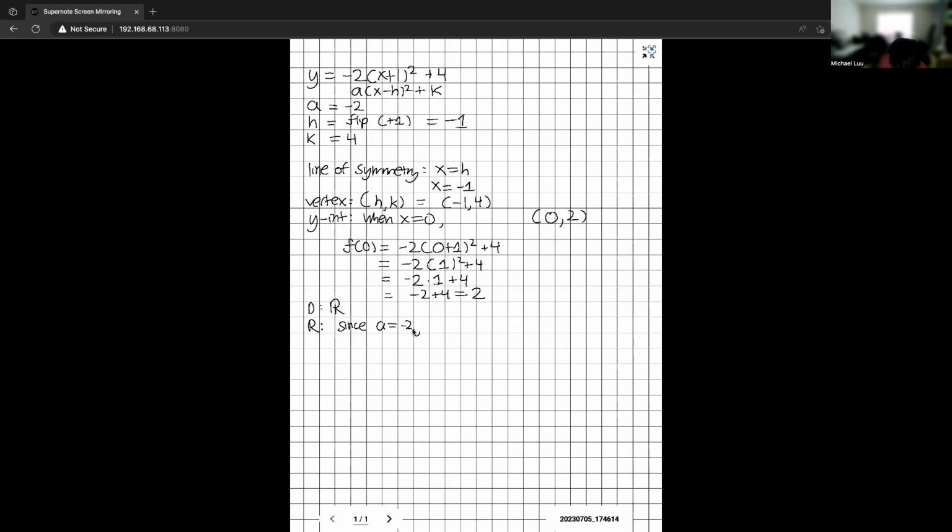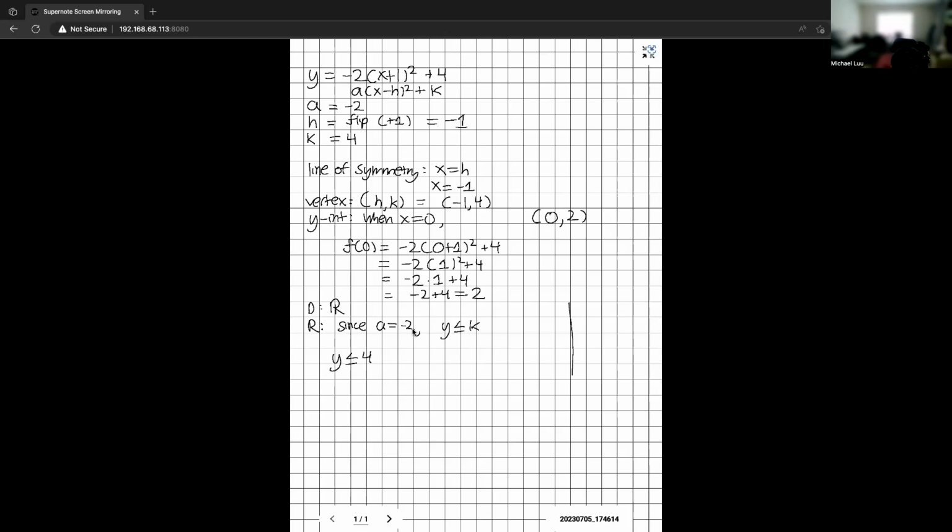When a is less than 0, it looks something like this, and all the y values are going to be going down. So I know that my range has to be in the form of y is less than or equal to k. Since k is equal to 4, I can say that y is less than or equal to 4, and it has to be less than or equal to because it's a parabola.